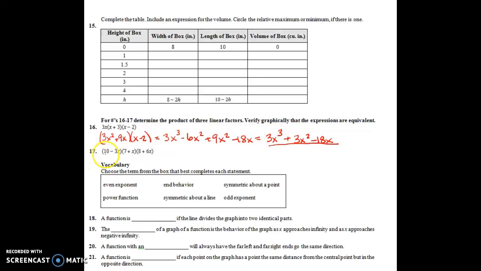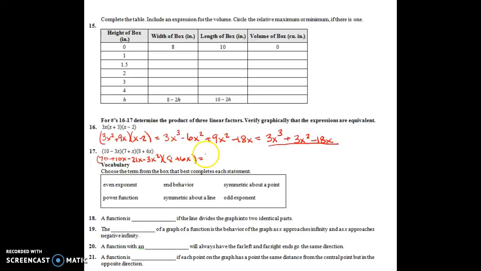Again, when you have something that has 3 parentheses, you're just going to distribute the first two together. So I would get 70 plus 10x minus 21x minus 3x squared. And then I still have the second set of parentheses.